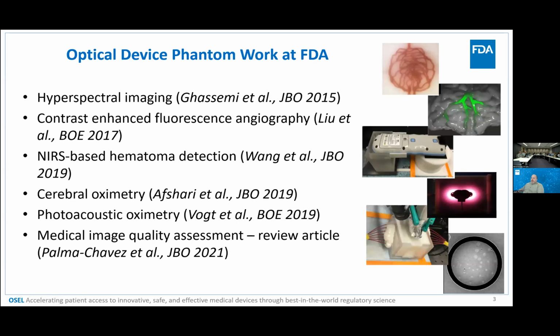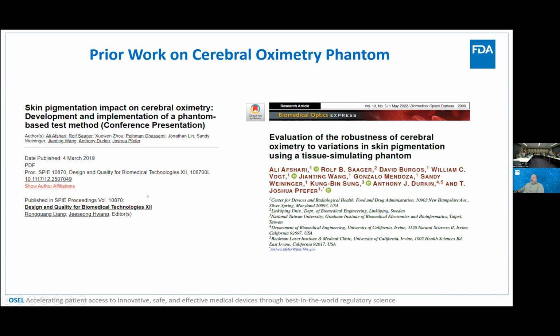Over maybe the past 10 years, we've done a fair amount of work at FDA on developing optical phantoms for a variety of diagnostic imaging and sensing technologies, including most recently cerebral oximetry. And we applied our cerebral oximeter phantom to look at the issue of racial bias and presented our first work in 2019.